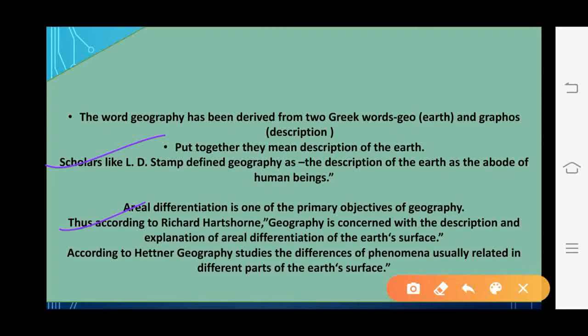He says that geography studies the differences of phenomena usually related in different parts of the Earth's surface. So what is he saying? Geography is studying the difference of phenomena, means the features, that are usually related, means they are studying the difference जो एक तरह का होता है in the Earth's surface. Alright, very simple. Don't get confused in that.